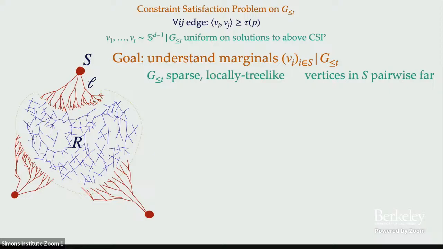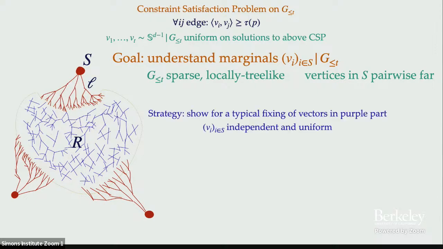And second, if we look at local neighborhoods of S with size L, the L-neighborhoods of S will all be tree-like, and also with high probability be disjoint from each other. This is a high probability statement that holds specifically for the sparse regime. So we can have a graph that looks like this graph here on the left.